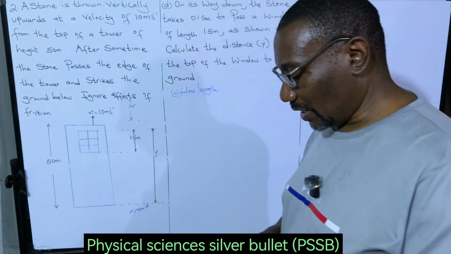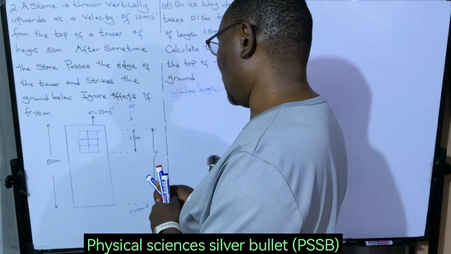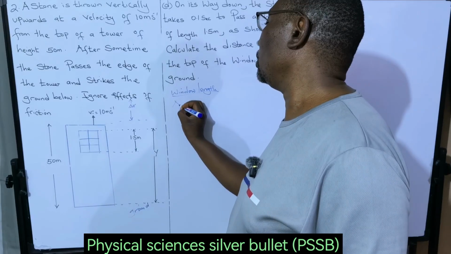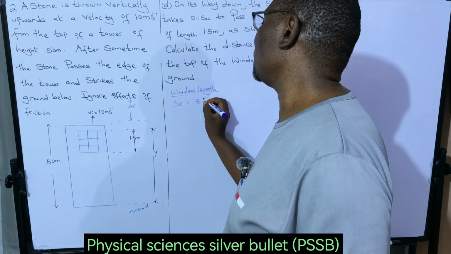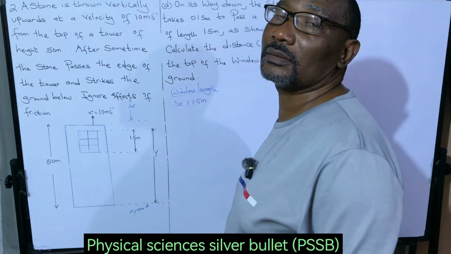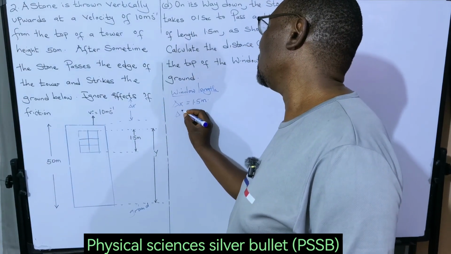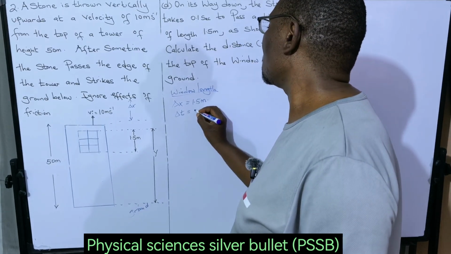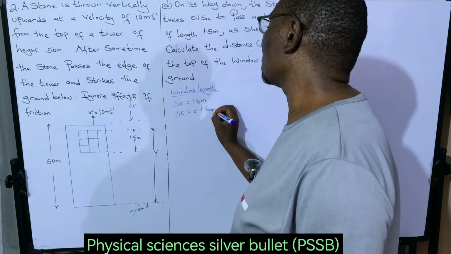And what do we know about the window length? We know its length. The length of the window is 1.5 meters. What else do we know? We know the time taken to cover the window, which is 0.1 seconds.